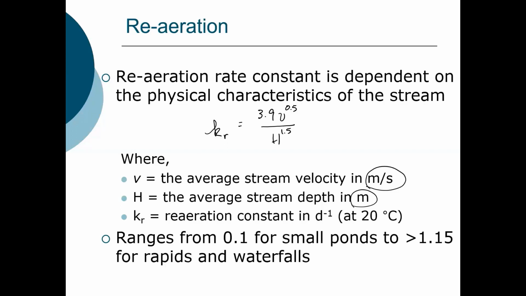And notice that the power functions are different. So it's important to make sure that you're using units of meters per second. And the values of reaeration constants range from about 0.1 for small quiescent ponds to greater than 1.5 for rapids and waterfalls. And note, this is in units of inverse days.